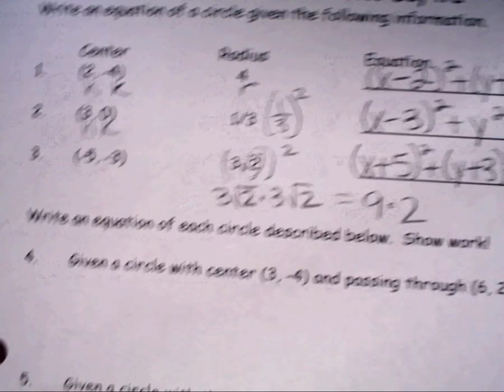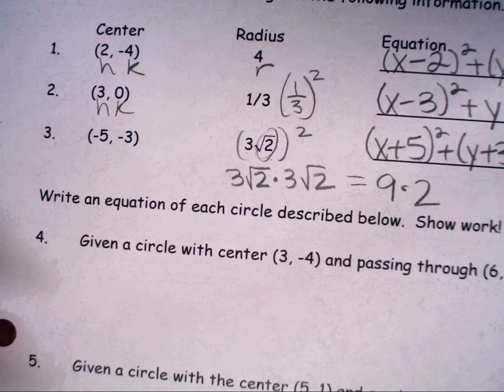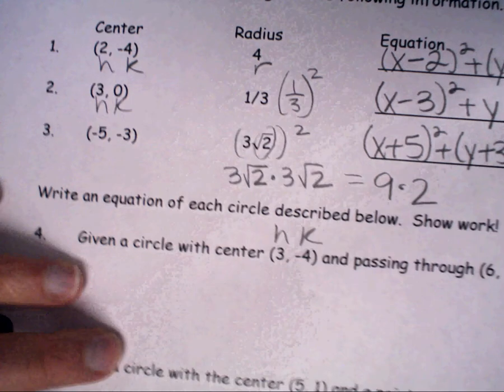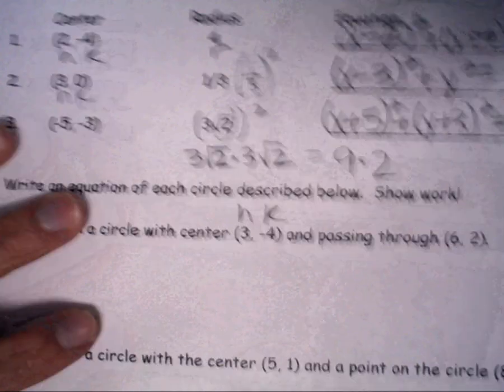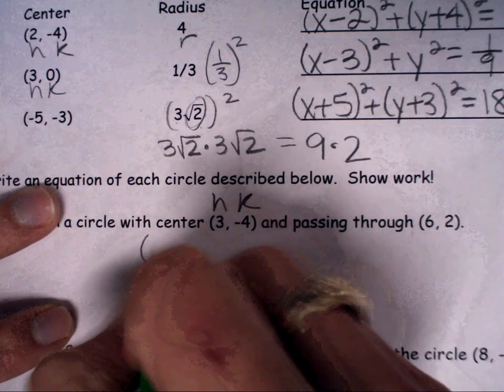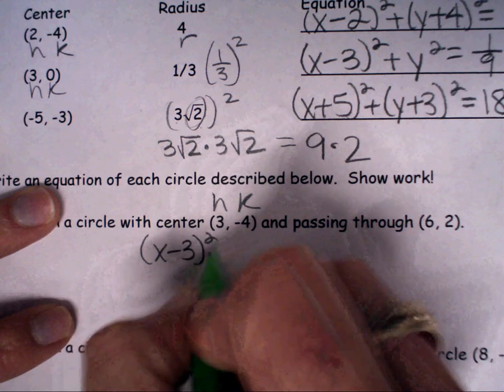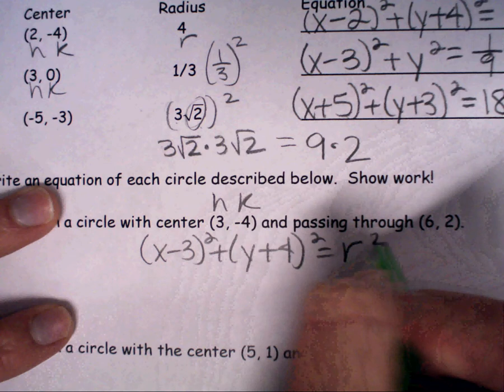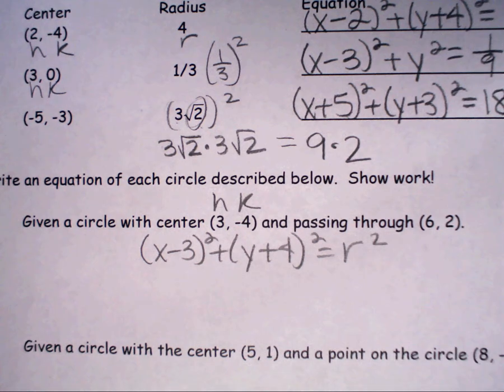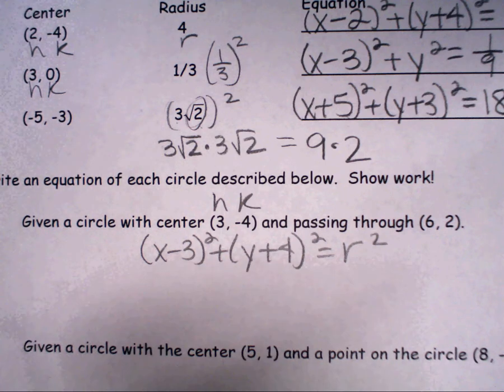Okay, so then we look at our next one. It says, given a circle with a center HK, passing through the point 6, 2. So we don't know our radius. If we look at our formula, x minus 3 squared plus y plus 4 squared equals r squared, I'm just missing my radius. If I'm given a point and I'm just missing the radius, I wonder what I could do with that point. Plug it in.